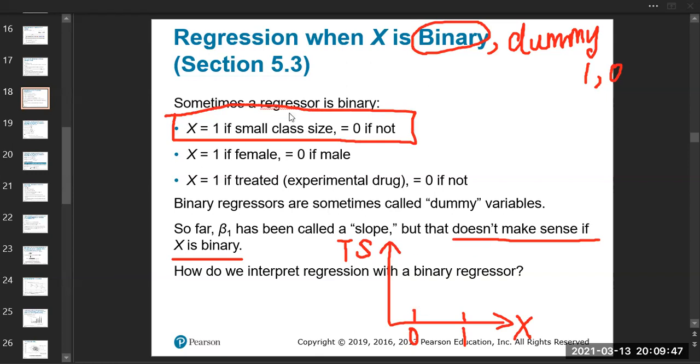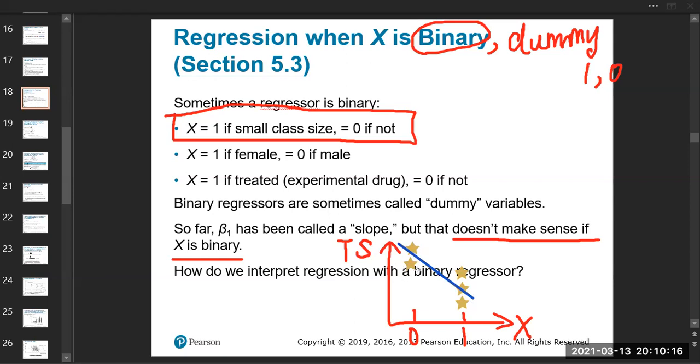Imagine you have, let's say, 5 schools. 2 of them are small class, 3 of them are large class. Now if you want to draw a line, how do you draw it? You probably draw it this way, right?